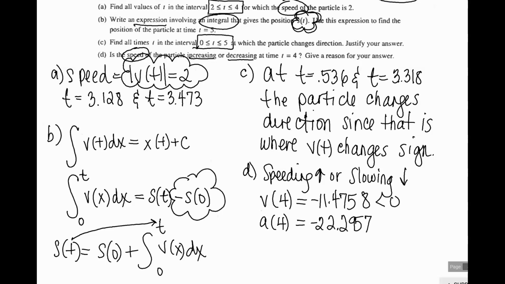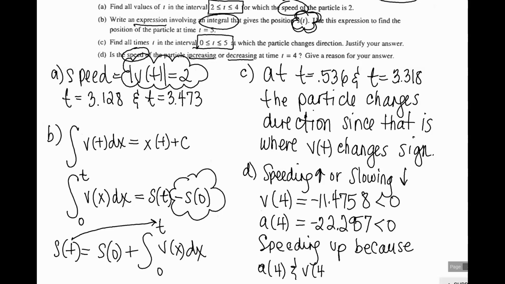So this is less than 0, and this is also less than 0. Therefore, because the signs are the same, it's going to be speeding up. So the answer here is speeding up, because the acceleration at 4 and the velocity at 4 have the same sign.